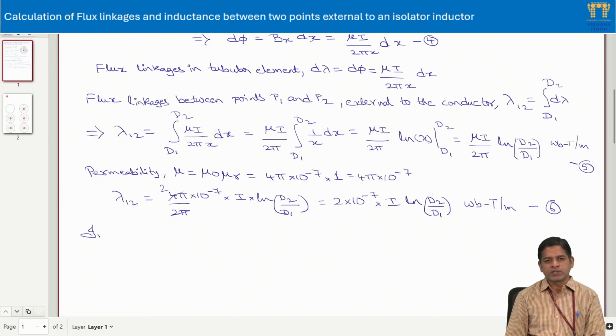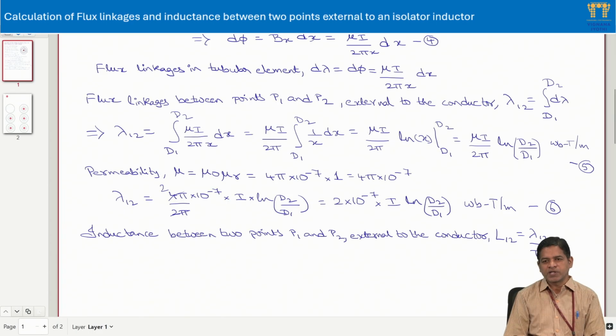Now if I want inductance between two points P1 and P2 which are external to the conductor, I may express it as L12, which is equal to lambda 12 by current enclosed by this flux linkage, which is I. So from equation 6, I get L12 is equal to lambda 12 by I, which is 2 into 10 power minus 7 ln d2 by d1.